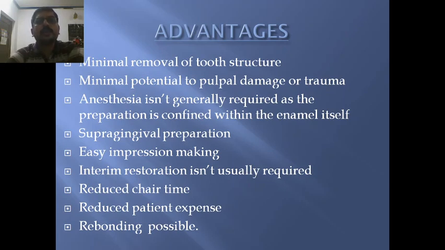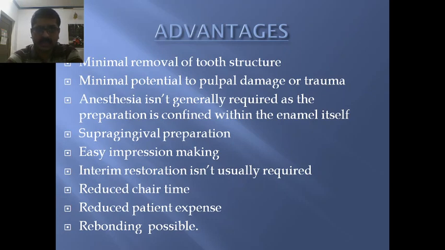Now let's go through the advantages, disadvantages, indications and contraindications of resin bonded FDPs. Advantages are minimal removal of tooth structure and minimal potential for pulpal damage or trauma. Anesthesia is not generally required as the preparation is confined within the enamel itself. Preparation is always supragingival.